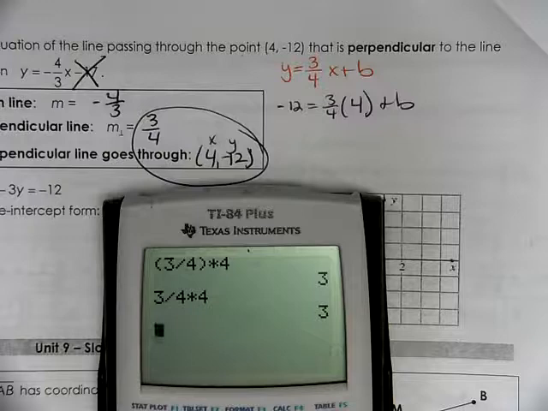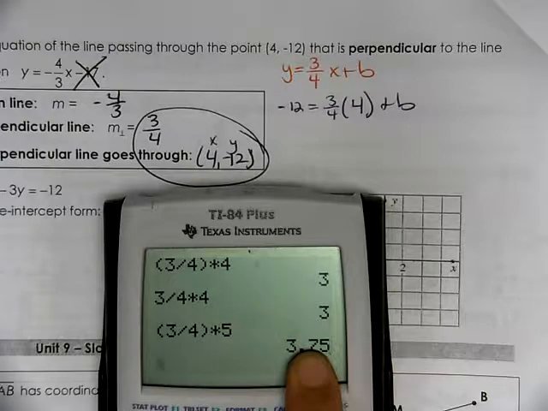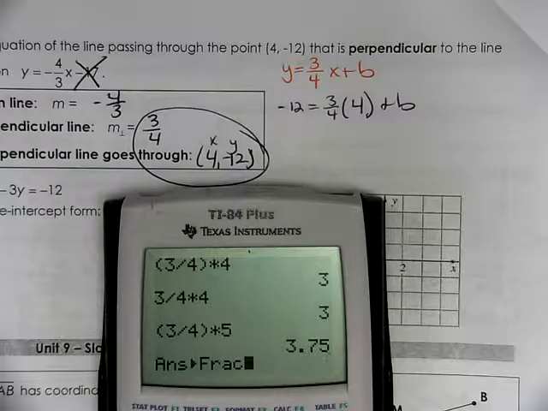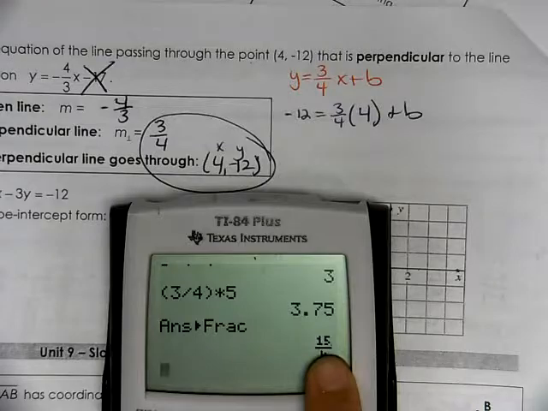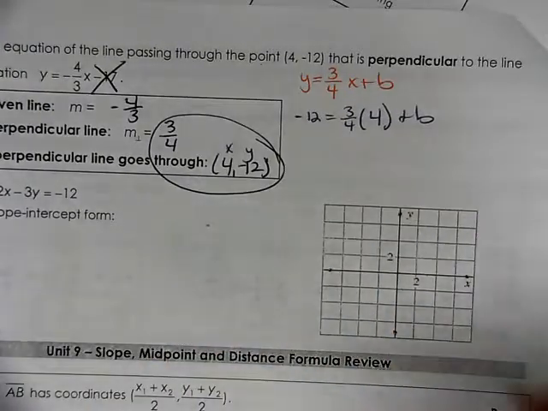If it's not, you want to stick to a fraction. Like if we were doing 3/4 times 5, I wouldn't want a decimal answer for my slope. Slope should always be either a whole number or a fraction. So you hit math frac and put that down. But right now you got a whole number, so it doesn't matter.